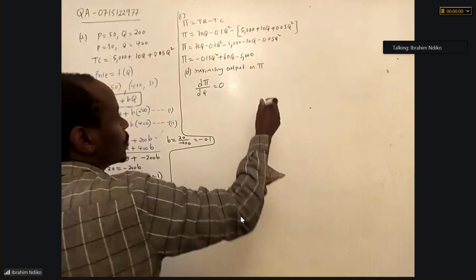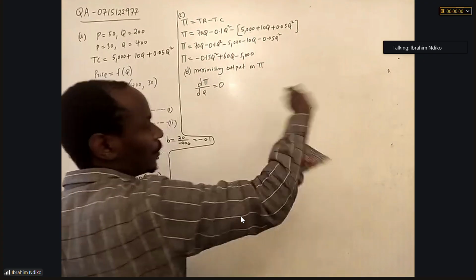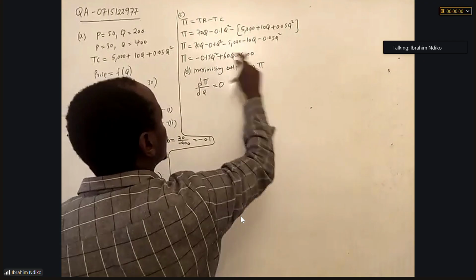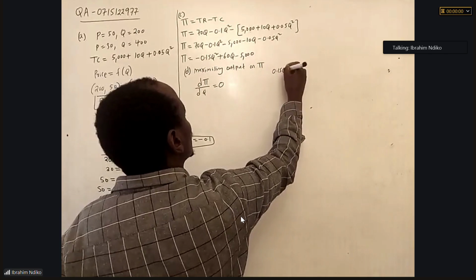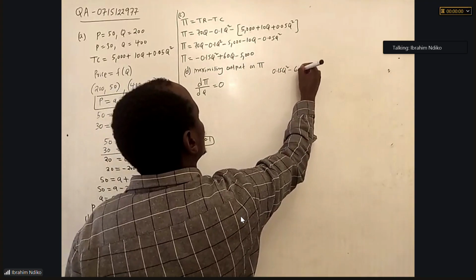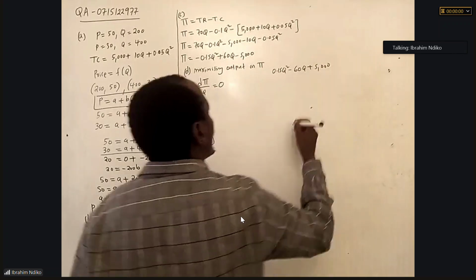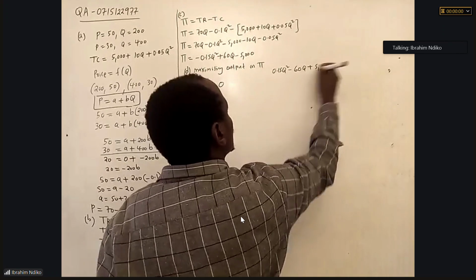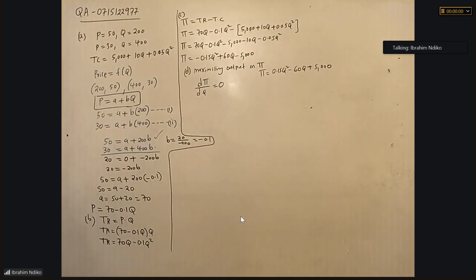Now, let us change this profit to positive. So we multiply every side by the negative. It will be 0.15q squared minus 60q plus 5,000. That will be our new profit.